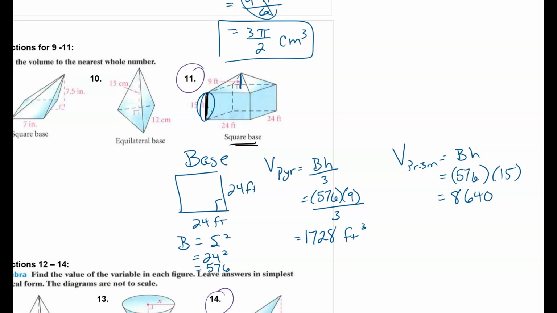Oh, that's in cubic feet, but now we just have to get the volume total here. And we just add the two together. And my friends, we should get 10,368 cubic feet.